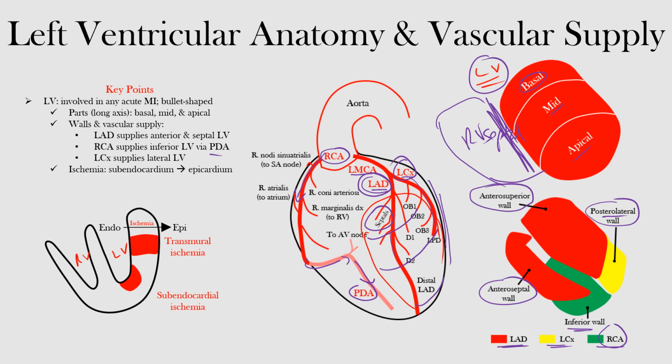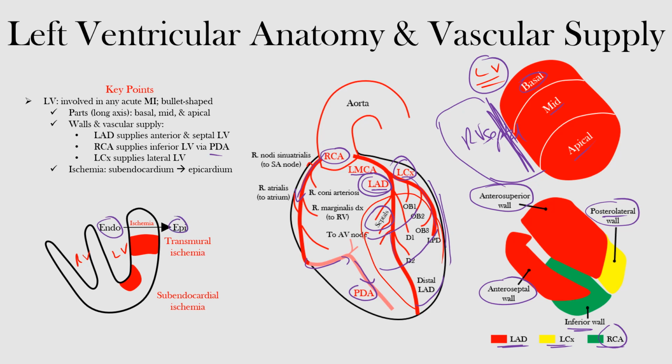Now ischemia typically starts in the subendocardium of the left ventricle, and from there it spreads to the epicardium. Purkinje fibers are actually able to survive ischemia, which may be because they run through the endocardium, so they're able to get some of that oxygen. So ischemia in this case goes from our endocardium to the epicardium.